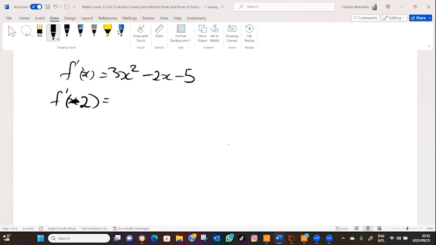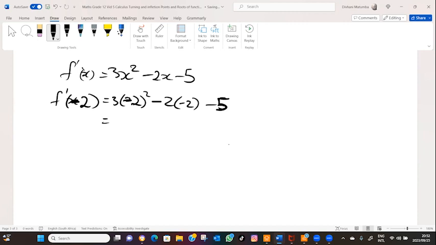Minus 2, this will be 3 into minus 2 squared minus 2 into minus 2 minus 5. I just want to see if the slope is positive or not.